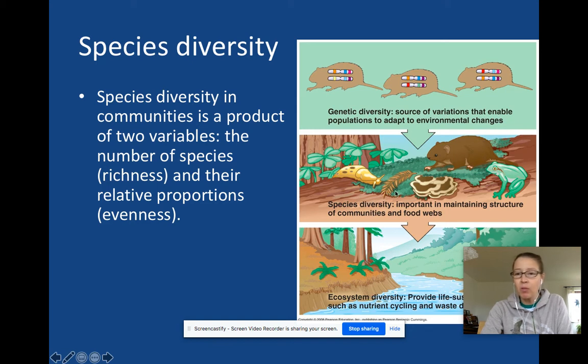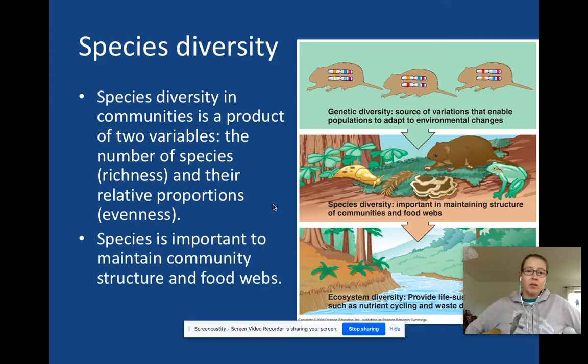Having a more even spread of the populations generally indicates a greater biodiversity than if you have a large population of one species and just a handful of the other species, because having smaller populations makes it more vulnerable. And we know that species diversity is important to maintain community structure and food webs.